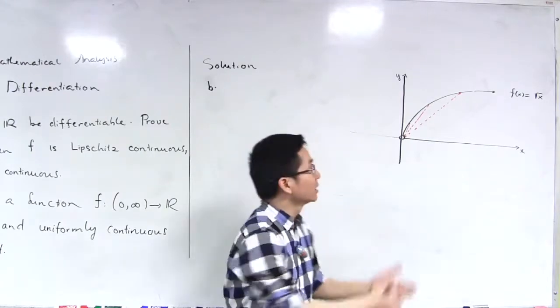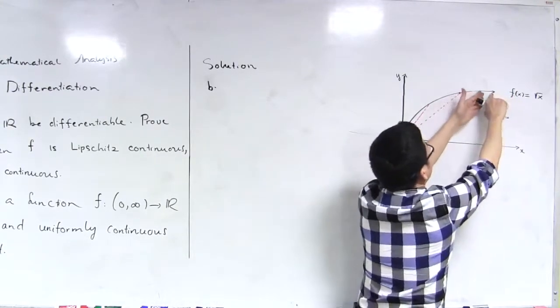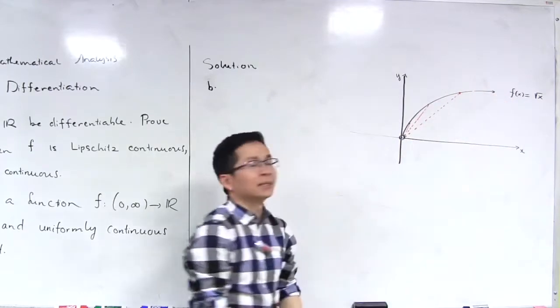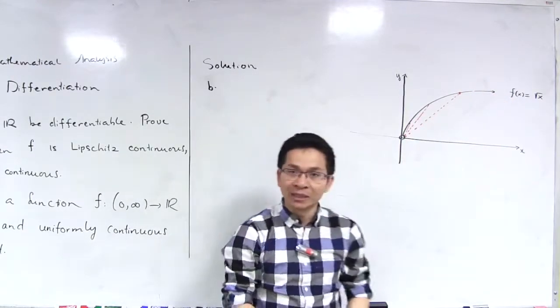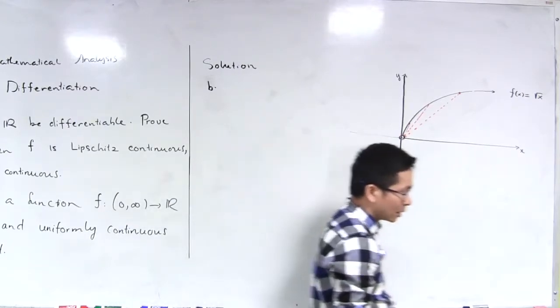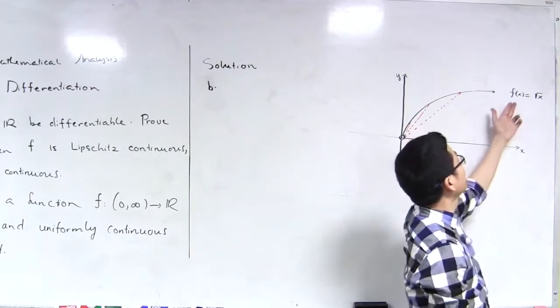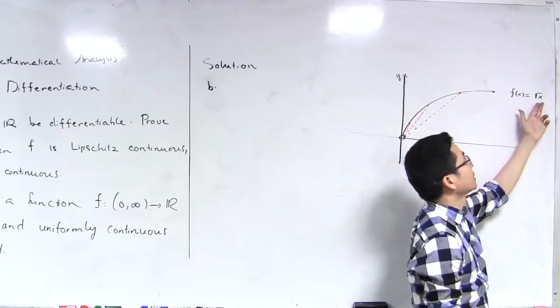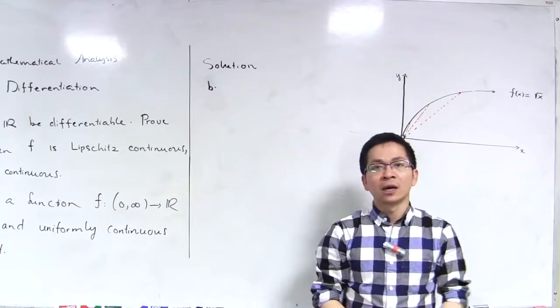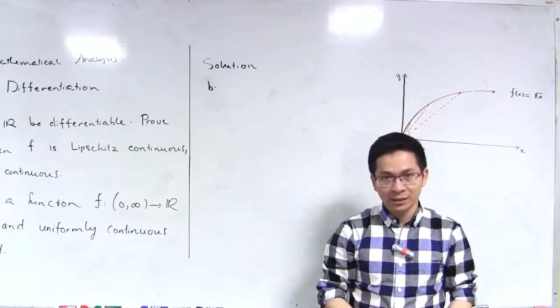And because of the behavior of the function like this, we can show that it is actually uniformly continuous. We can find a formula for such a function. For example, f of x equals the square root of x will satisfy the required properties.